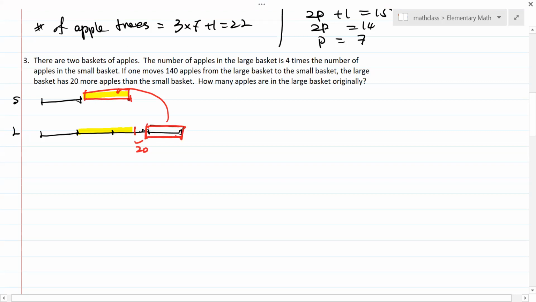So how many of them? 140. You lost the 140, right? You move 140 apples to the small basket. Then you still have 20 more. The question is how do you solve this problem?